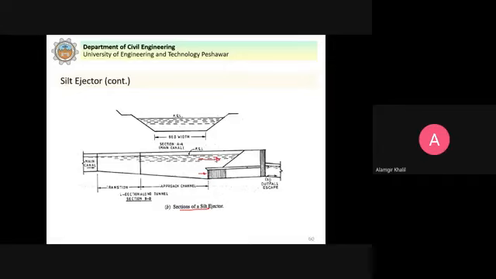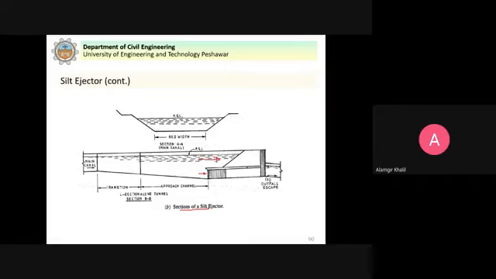Let me just increase the width here. And after completion to divert the river through it. And then after completion, the river can be diverted here.